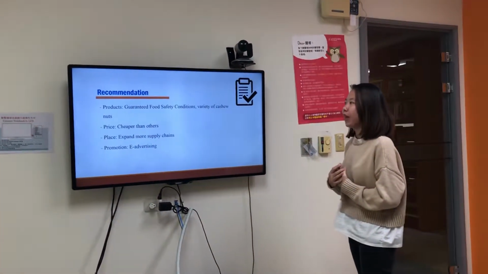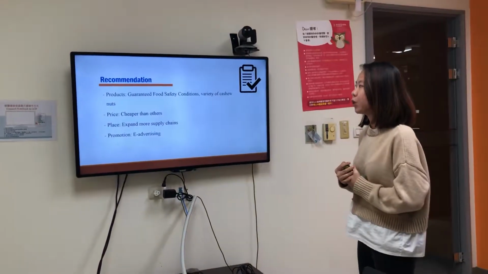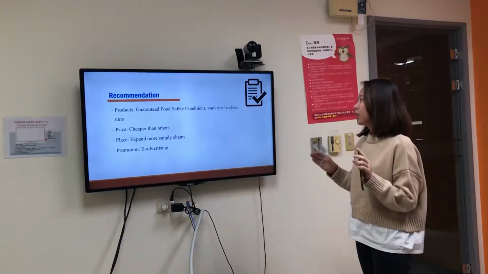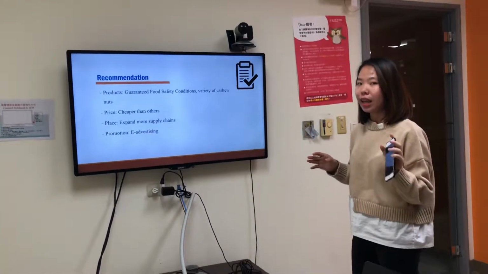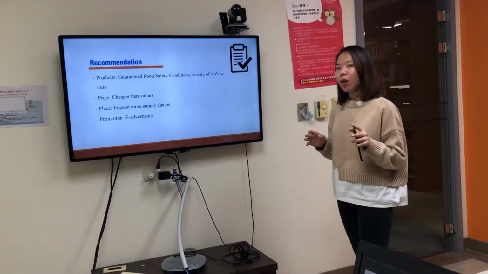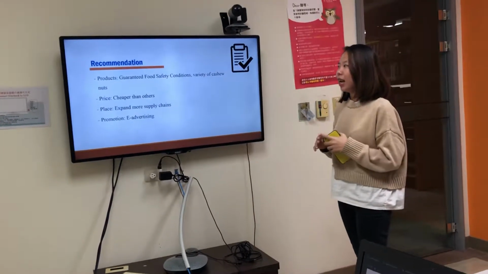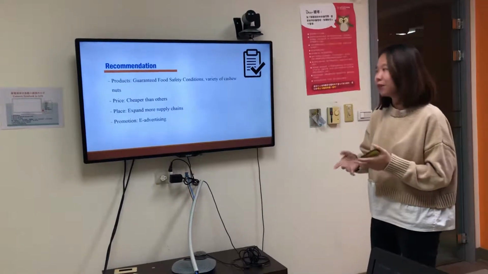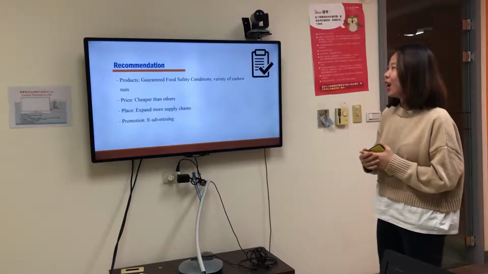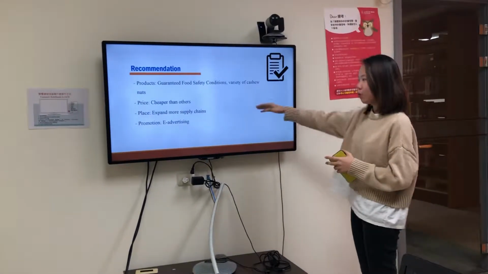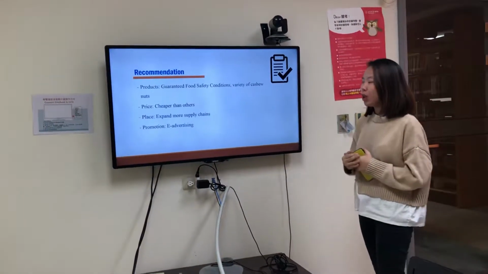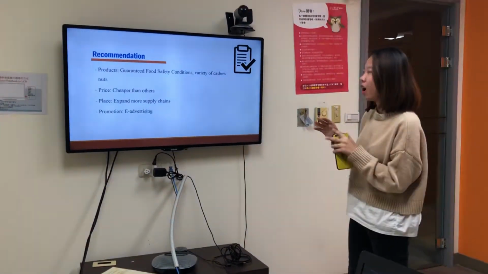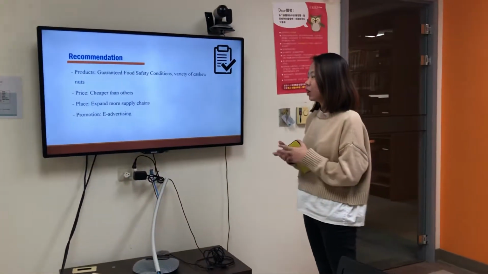And about the recommendation, about the product, we want to guarantee food safety conditions, and open a variety of cashew nuts in Taiwan, like in supermarkets. We know Taiwan has a lot of supermarkets like PX Mart and RT-Mart. And about the price, we want our product to be cheaper than other competitors in Taiwan.